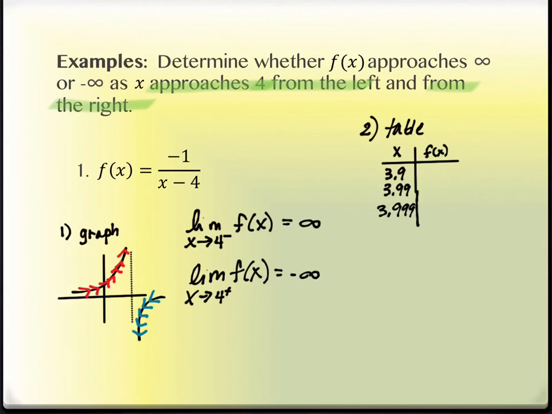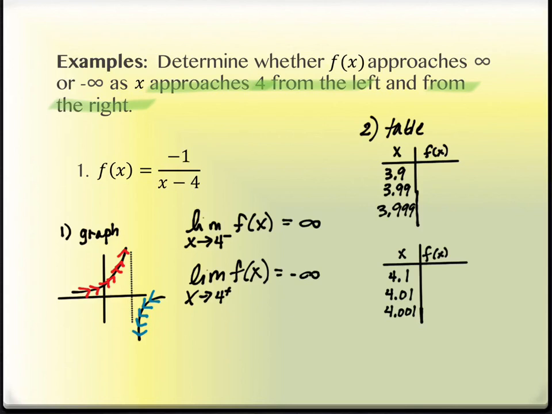Okay, this would be verifying from the left. And if we do it from the right, we'd have values like 4.1, 4.01, and 4.001. And we'll run those real quick. I don't have those written down.